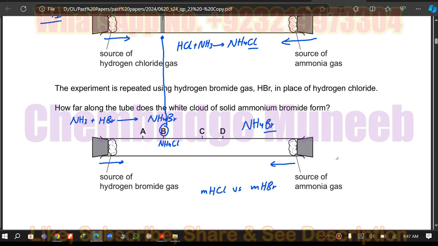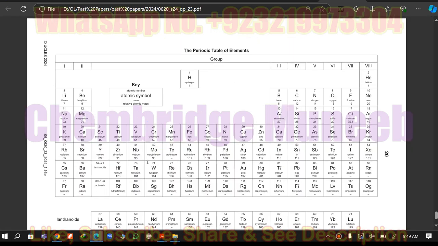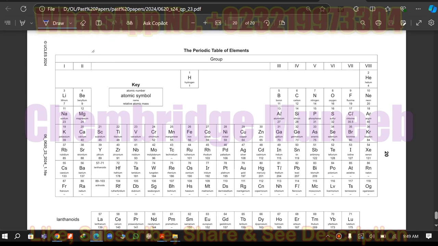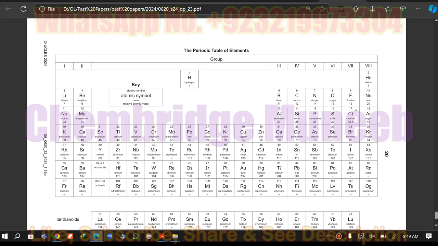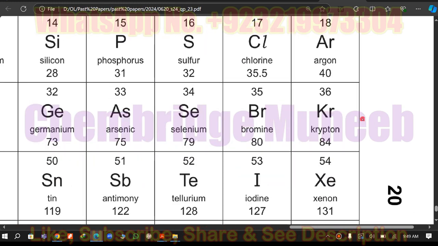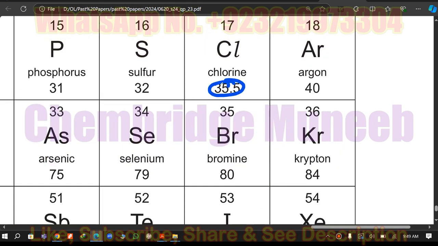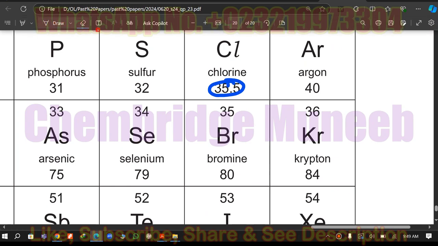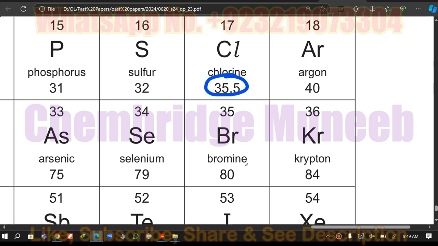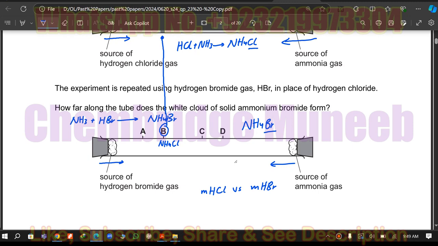Now, considering the periodic table, you can find the masses of both these elements. Chlorine has a mass of 35.5, whereas the mass of bromine is 80, which means it is clearly seen that chlorine is lighter than bromine, or in other words, bromine is heavier than chlorine.